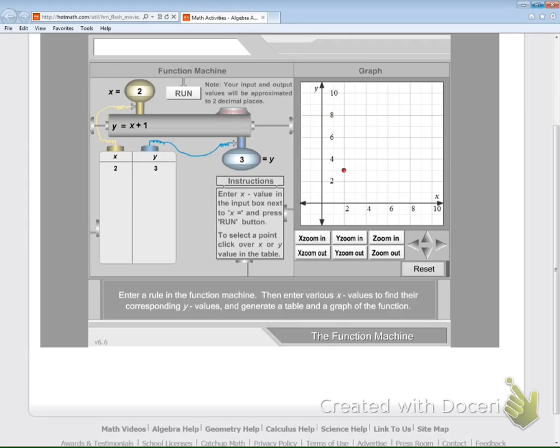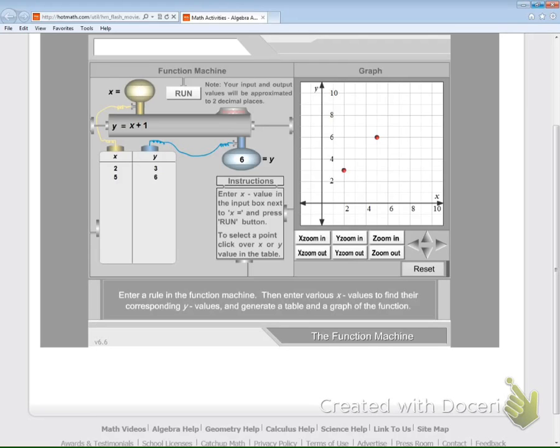What if I change that x value to 5? Get out of the machine a 6. So every time you plug in an x value, it goes into that machine or into that equation where you see the x. In this equation you have x plus 1. Well, 5 plus 1 is 6, so that's why the output was a 6.